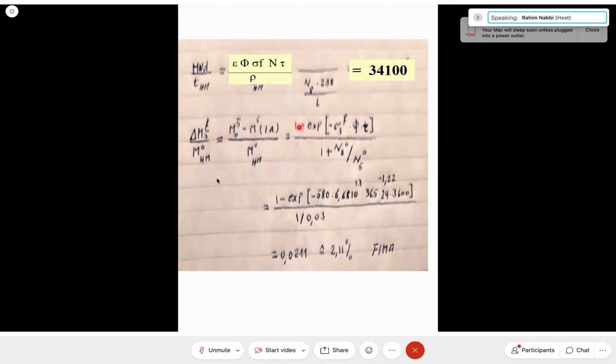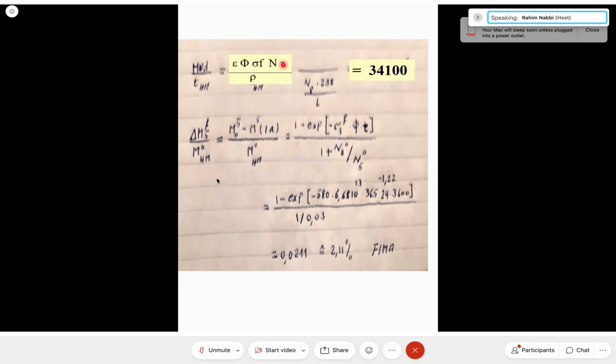That means this term here is the correct one, because we have solved the differential equation, while this term is replaced by this simple term. That is not correct.